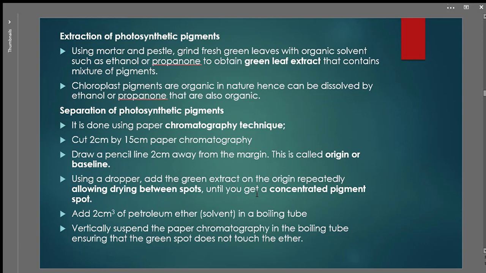Then you add 2 cubic centimeters of petroleum ether into a boiling tube. This is where you are going to place that filter paper, that strip that you had cut, 2 centimeters by 15 centimeters. You are going to place it into the petroleum ether. This is going to be our solvent to dissolve that dye.